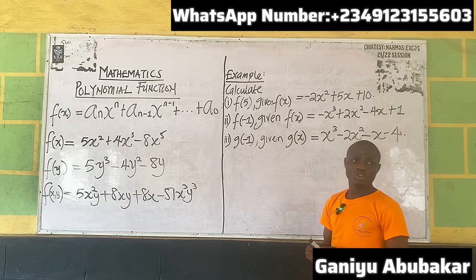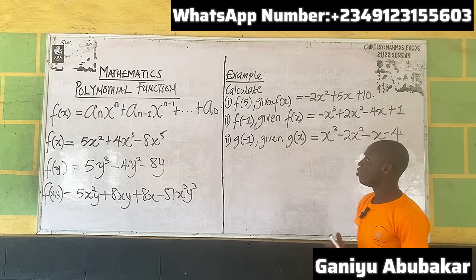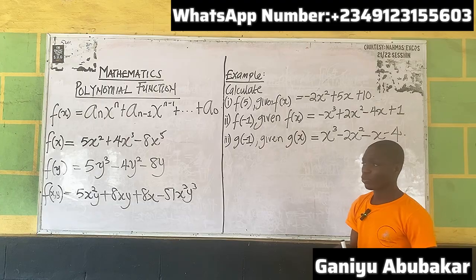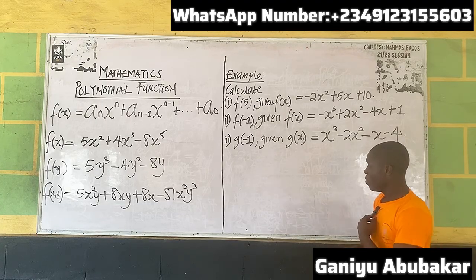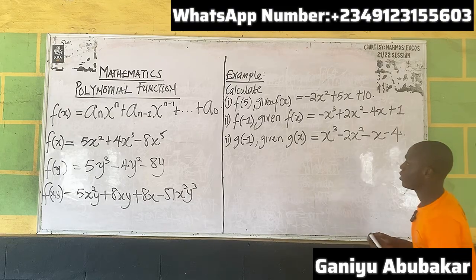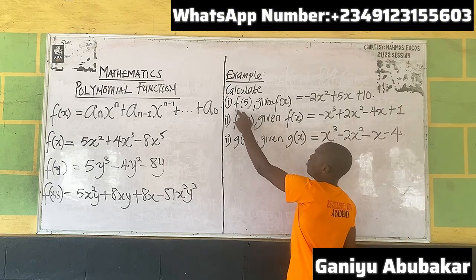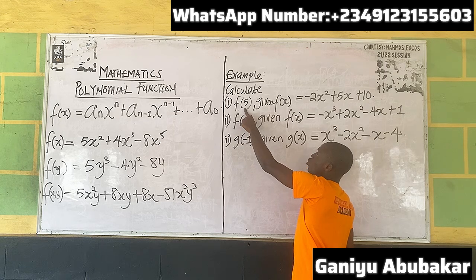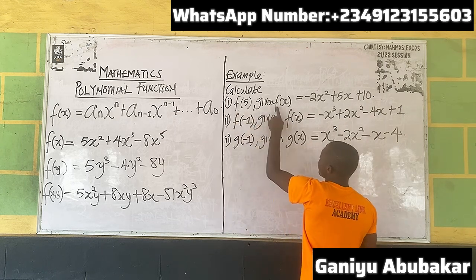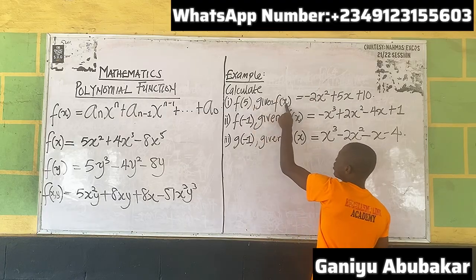All right, so let's work on this sample problem under polynomial function, and then we're halfway through this class. In the next class, we'll look at addition and subtraction, division and multiplication of polynomials. So first things first, in this case here, we're asked to calculate f of 5, which means f of x where x is 5.